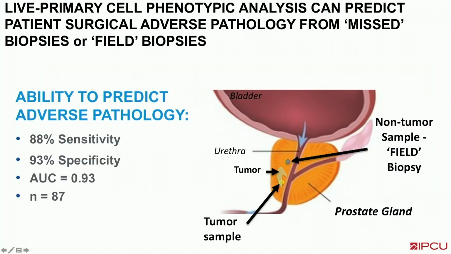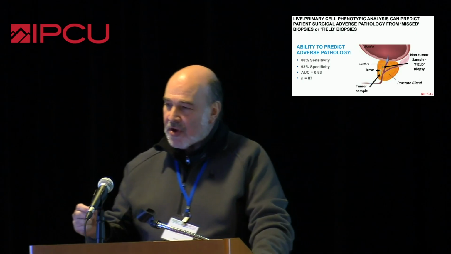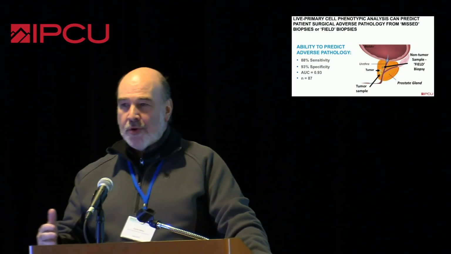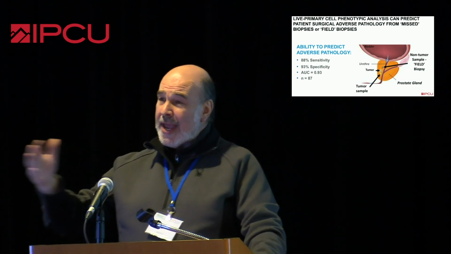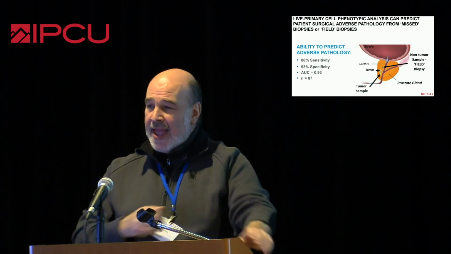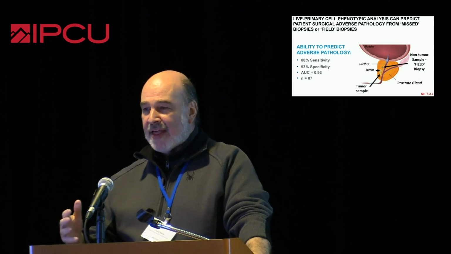And they really can give us a lot more information. Now, when we did this study, we thought about this tumor effect and this field effect. Is there something that can be gotten from a tumor, from normal tissue that may predict prostate cancer? So what we did is we biopsied normal tissue, which was confirmed by the pathologist under the microscope, and then we ran it through this, essentially growing it out in the extracellular matrix, and ran it through our phenotypic analysis.